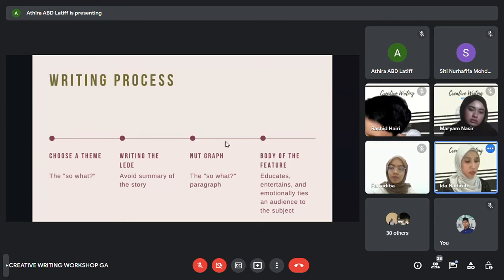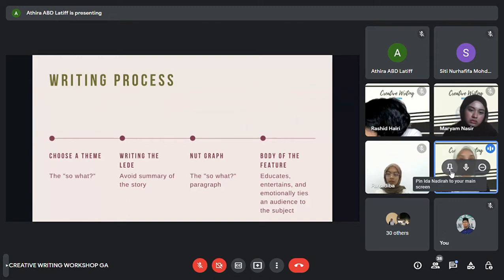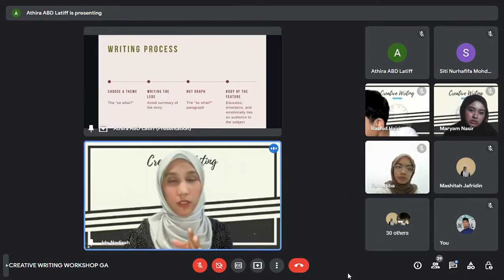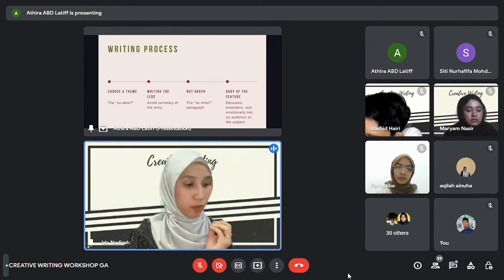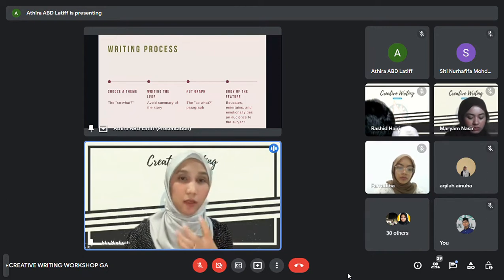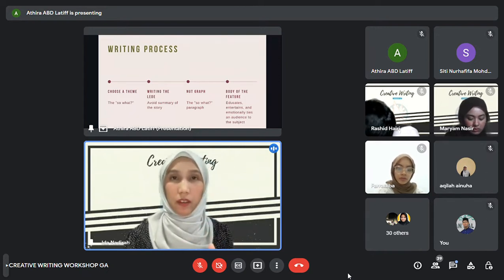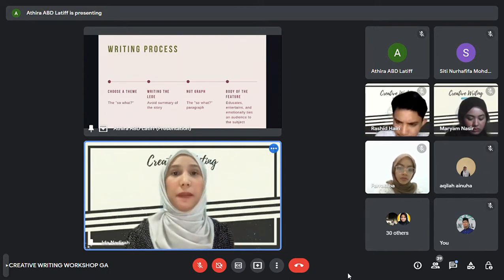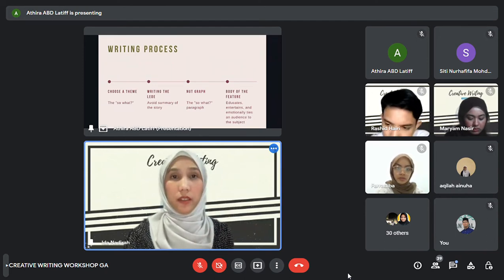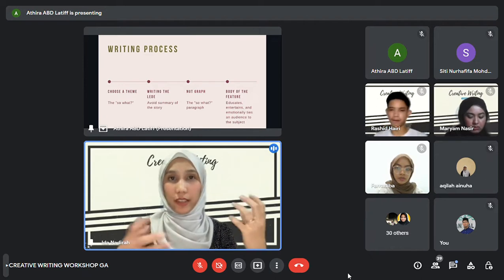You can also be subjective, depending on what kind of feature story you're writing, where you can put your thoughts and emotions. Like if you're writing a travelogue, definitely that is a key aspect of writing a feature story, because you need to be able to engage with your reader, engage their senses.